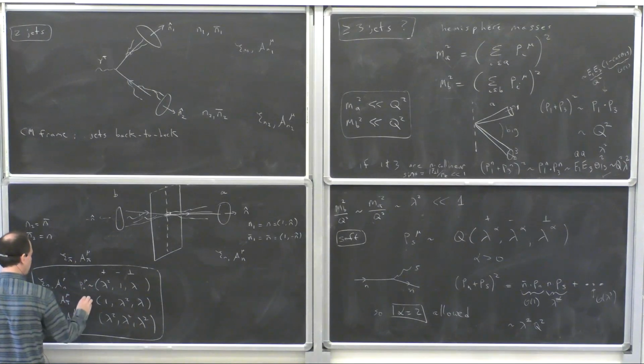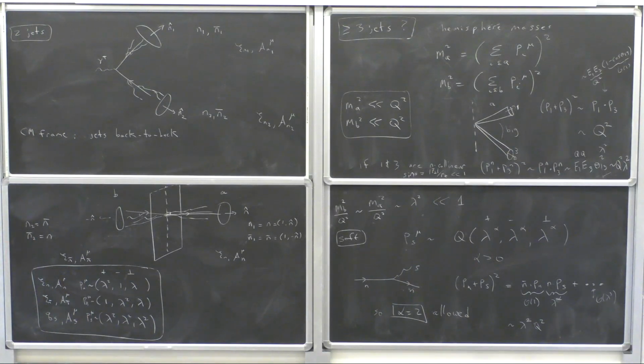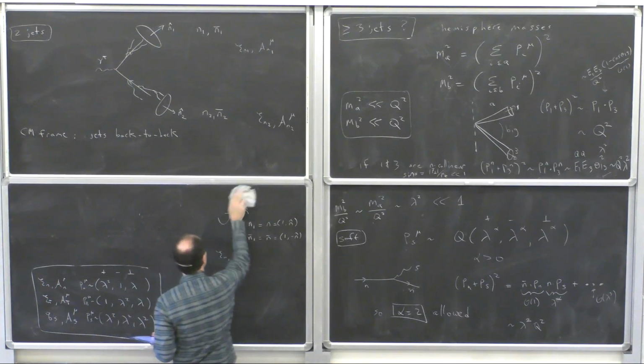Sometimes we call this Pn, Pn bar, and P soft. A table like that is not that intuitive. Let me instead draw a picture for you that makes it easier to keep track of what's going on here. So we'll keep the table, but I'll draw it as a picture.